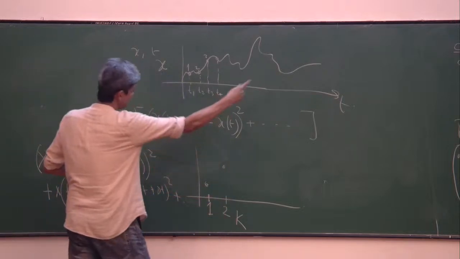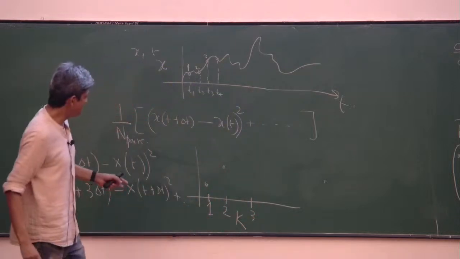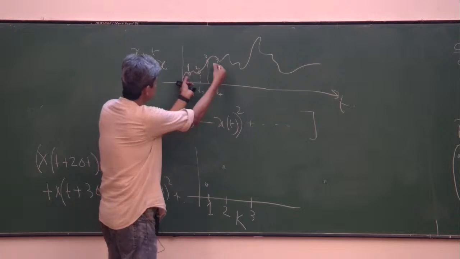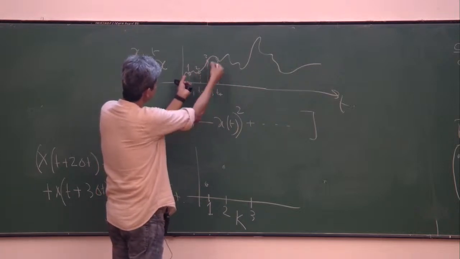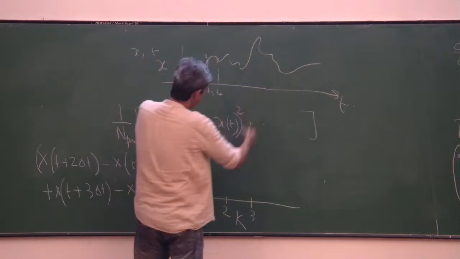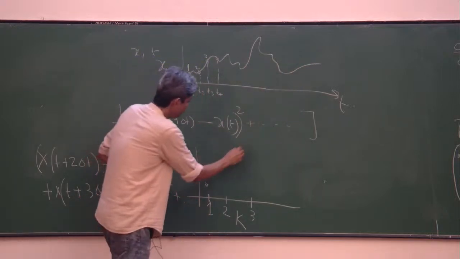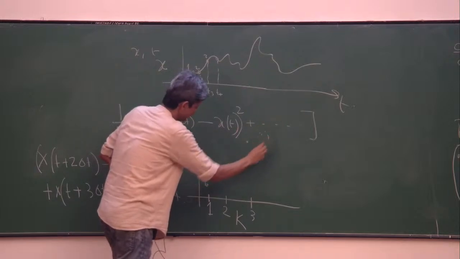And in this way, you keep on increasing the k, but the problem is, as you increase the k, you are increasing the gap between these points. You are not considering the intermediate points, and the number of pairs is also reducing. So you cannot go very long, and soon you will see a lot of fluctuations here.